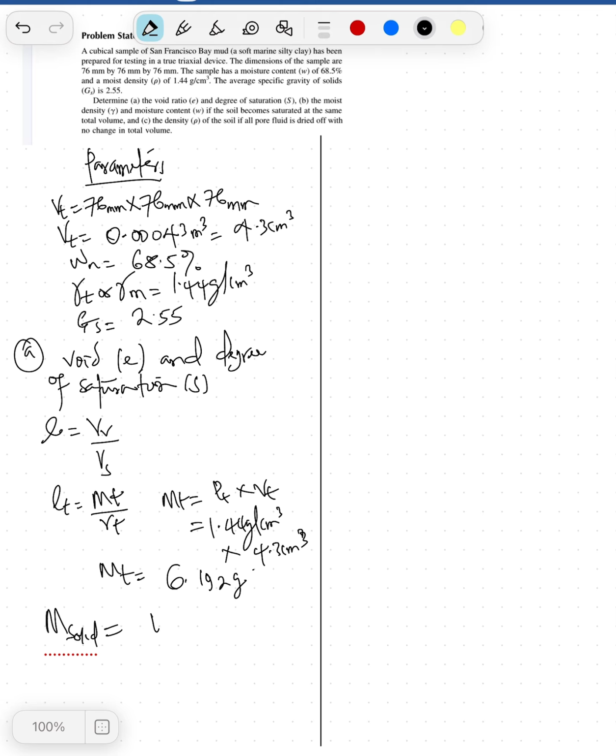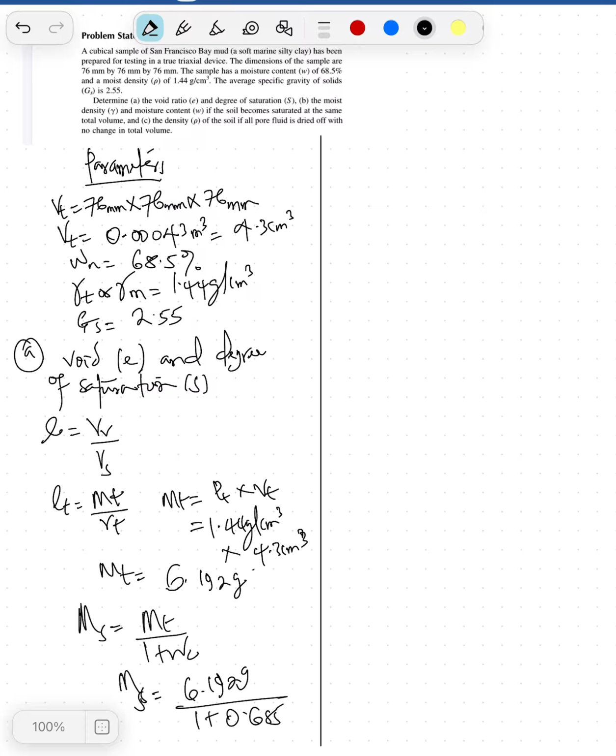So the next we're going to do, since we know the total mass, we know that mass of solid equals total mass over 1 plus water content. So mass of solid equals total mass, which is 6.192 grams, all over 1 plus water content 0.685, as we've been given in the question.